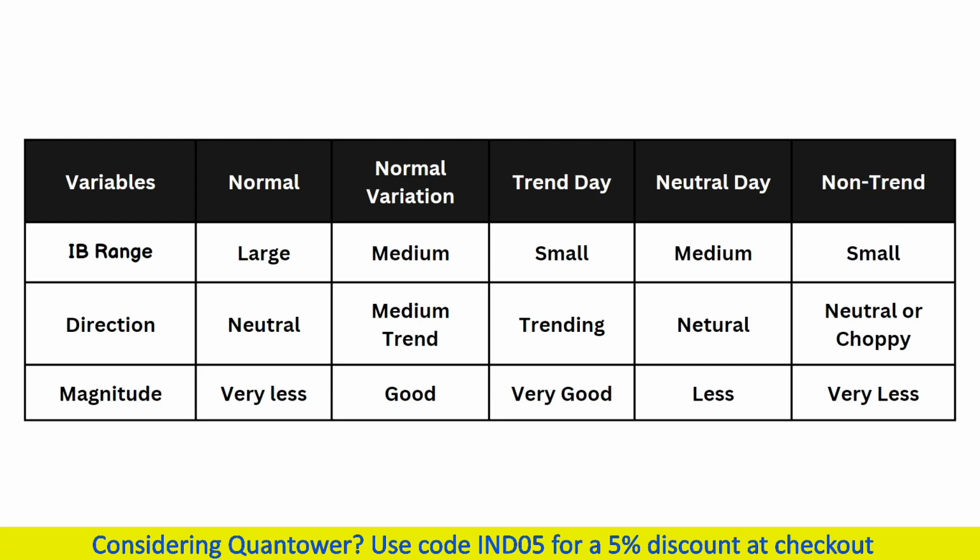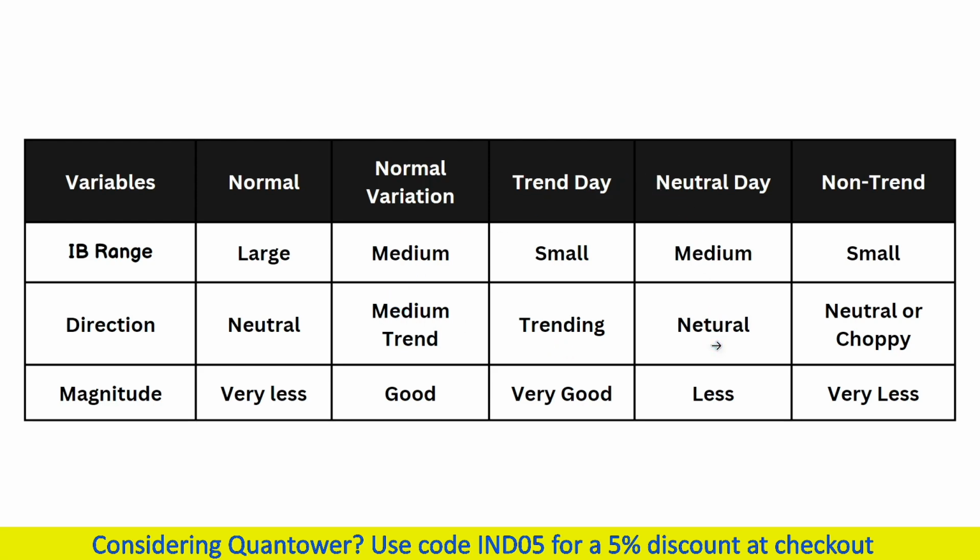If you are an option buyer, just close your terminal and utilize that time somewhere else. But if you are a directional trader, if you want to keep trend as the key, then a trendy day is a good day, thereafter normal variation, thereafter neutral day.